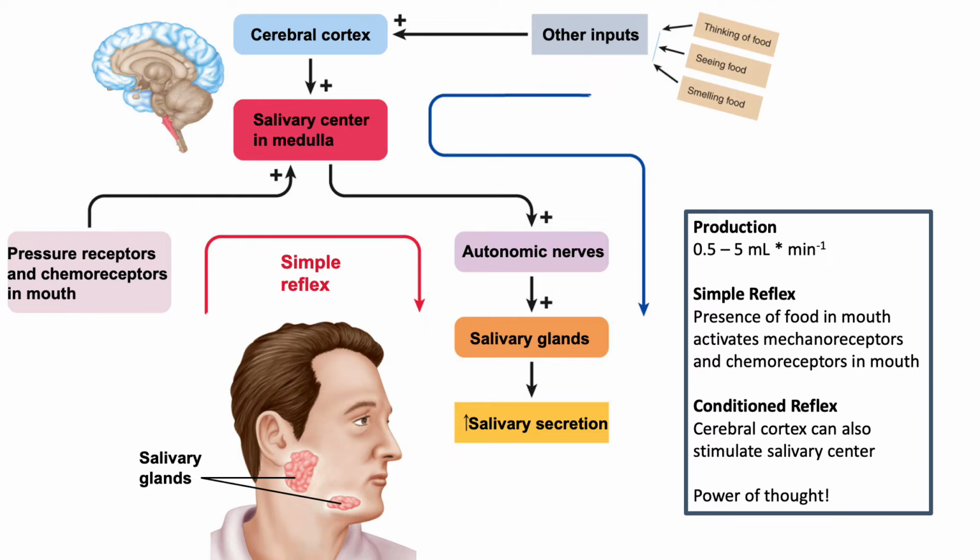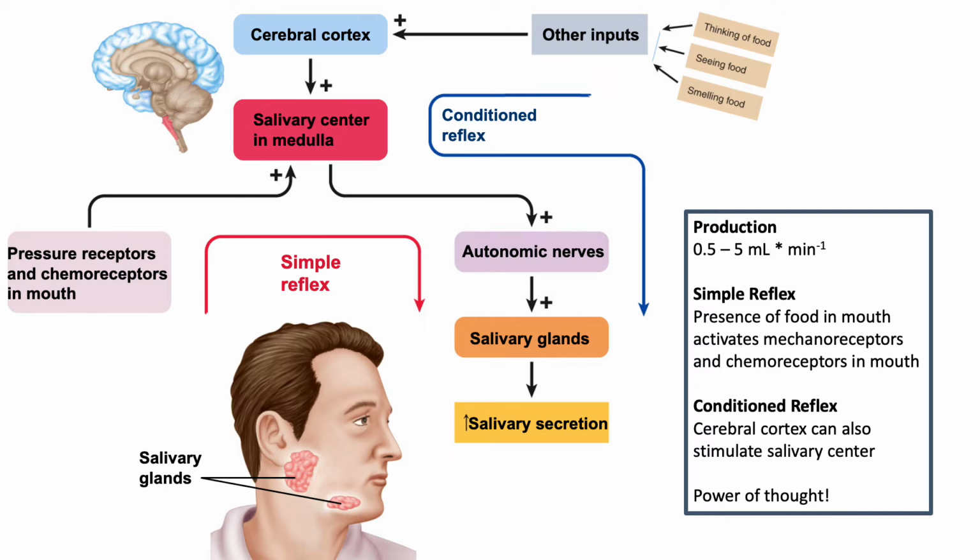That means it's based on previous experience. So you have to have some previous knowledge of how food looks, smells, or tastes. The cerebral cortex, then, if you're thinking about or seeing this food or smelling it, is going to stimulate that salivary center within the medulla. And then that is going to send signals via that conditioned reflex to the autonomic nerves and salivary glands, to increase salivation.